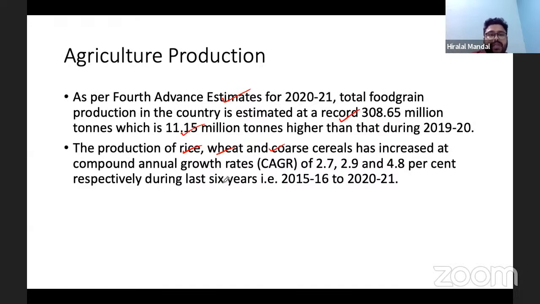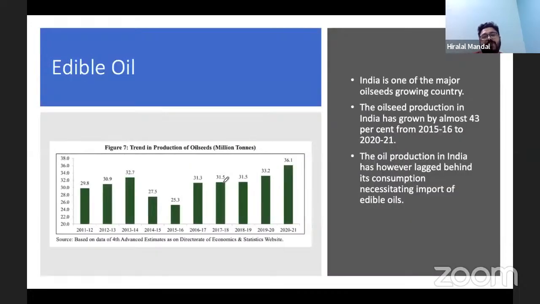But the production of edible oil has gone up, but then the major problem is that consumption is very high. The consumption of edible oil is very high in the country, and this is the reason you can see the import has also increased in the country, resulting to higher import bill.